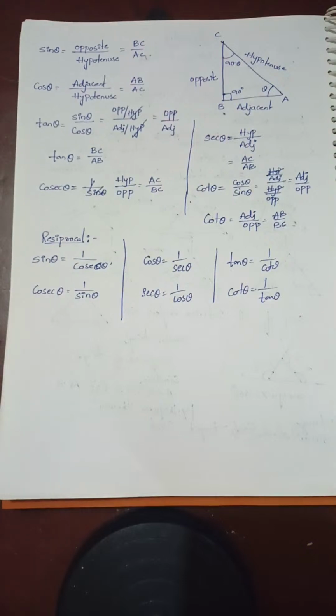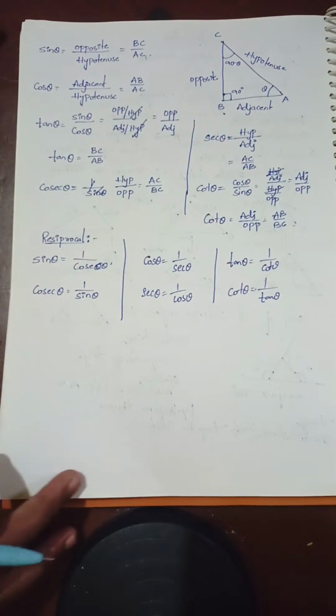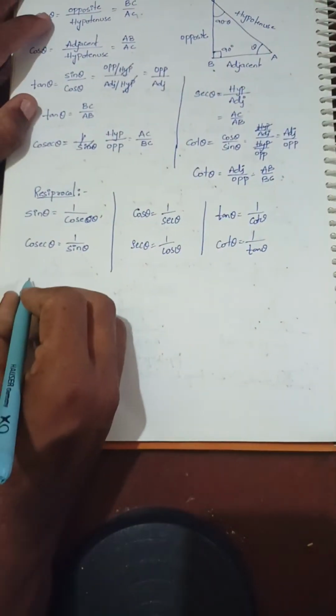Now we are having the trigonometric identities. We are having totally 3 types of trigonometric identities.